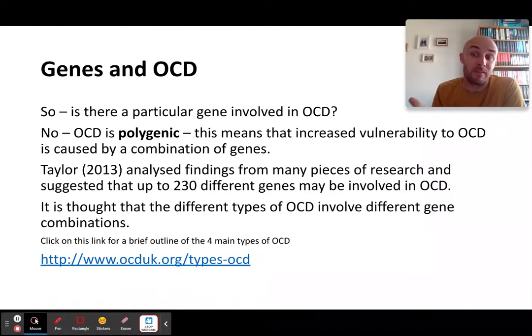But if I put two people with OCD next to each other, they can look completely different in their symptomology. The reason is maybe there are different variations of the 230 genes in patient 1 compared to patient 2, so symptoms can be very different because more genes are involved.